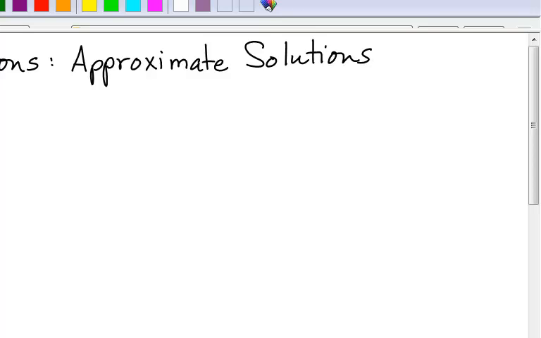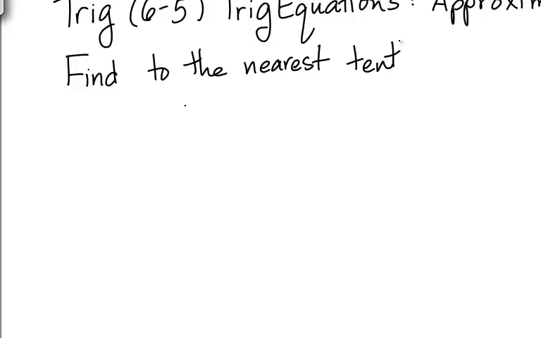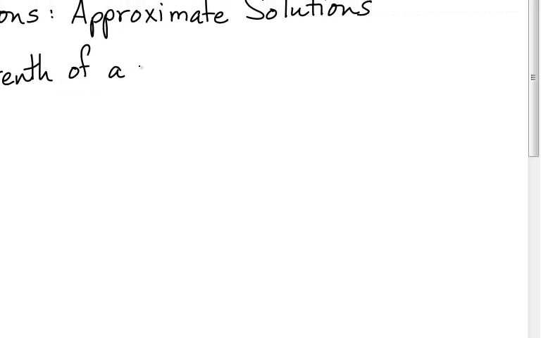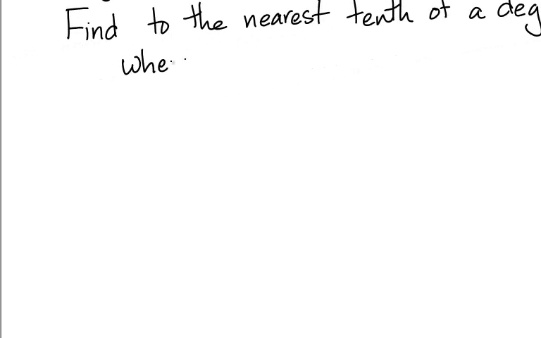Okay. So the directions will say find to the nearest tenth of a degree the solutions where, on these, x is greater than or equal to 0, and on this one less than 360 degrees.